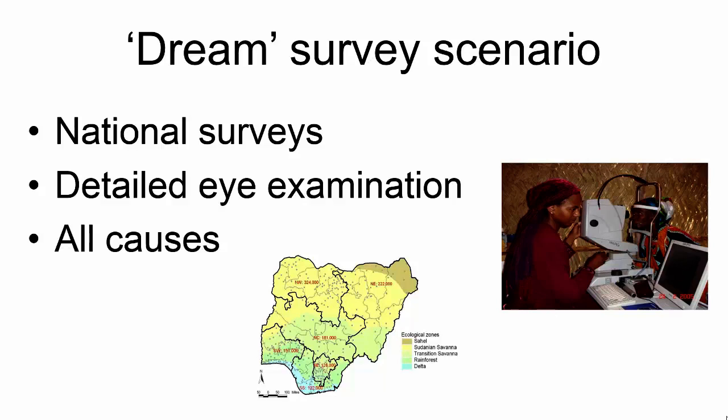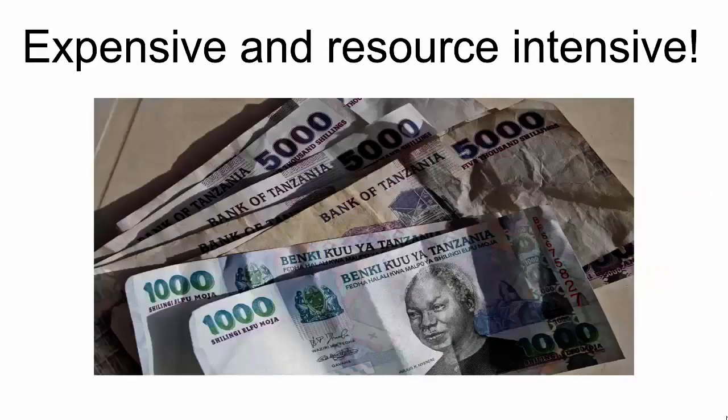We would also include all ages. However, while these surveys generate detailed information, they're extremely expensive and resource intensive, and therefore just not a realistic option in most places. So rapid surveys provide an alternative methodology.